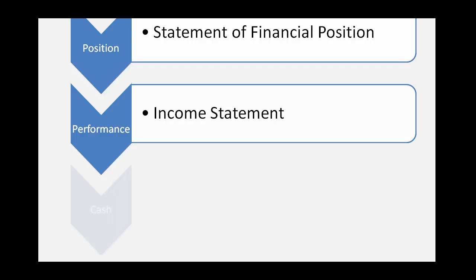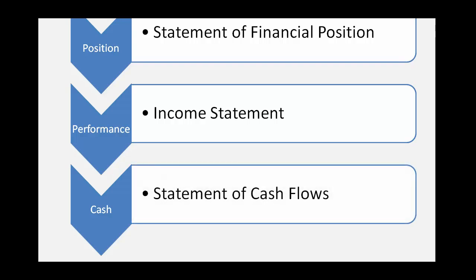Likewise, we've been able to examine the cash change from May to June using two statements of financial position, and this has given us our statement of cash flows using both the direct and the indirect method.